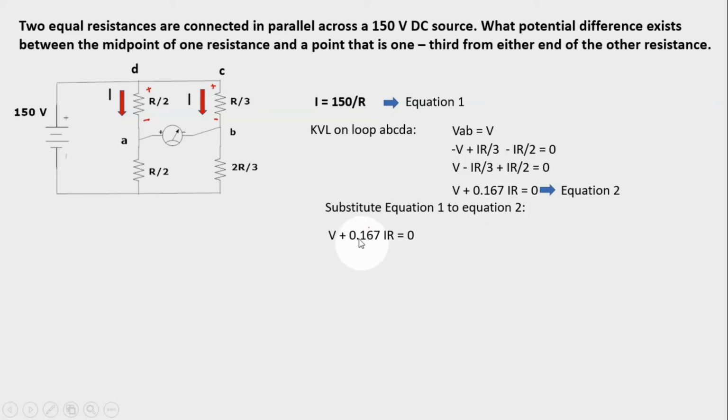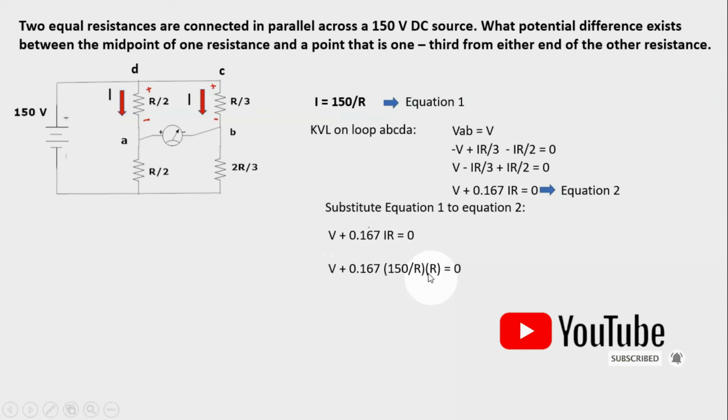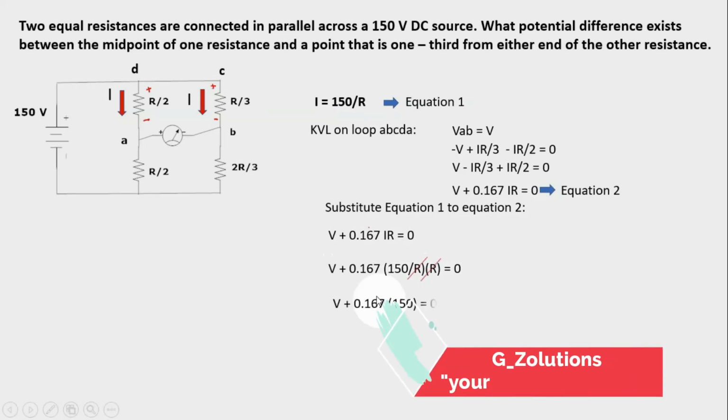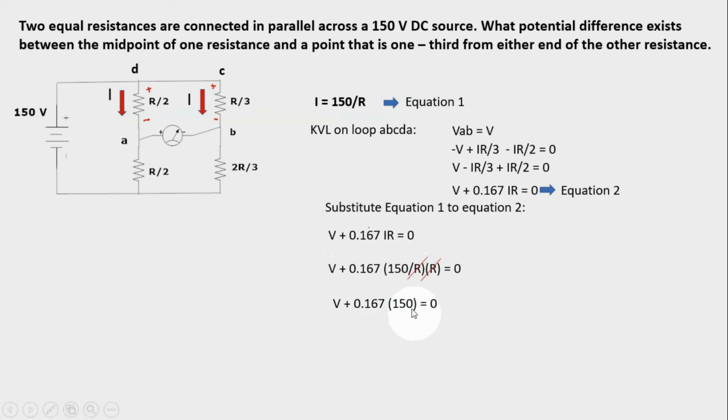Now, we substitute equation 1 into equation 2. Our equation 2 is this one, V plus 0.167 IR equals 0. So instead of using I here, we use 150 over R. You will notice that R here is in the denominator and the other one is in the numerator, so that will be cancelled out. So what remains is V equals negative 0.167 times 150.